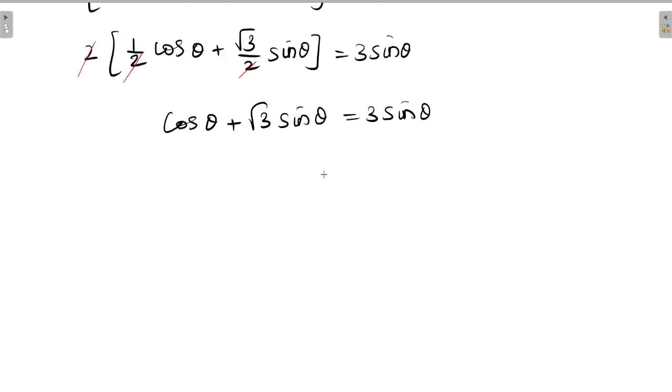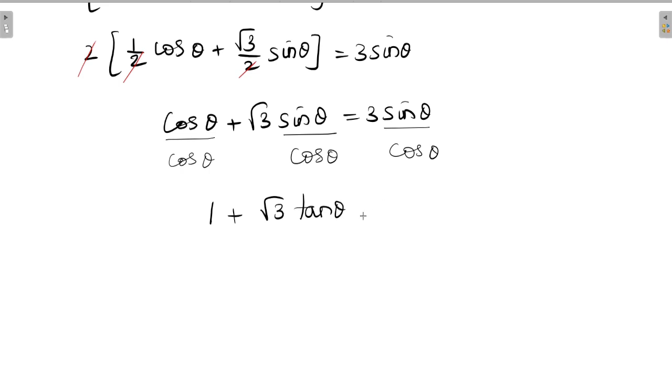We know that sin theta divided by cos theta is tan theta. Let's divide throughout the equation by cos theta. So this equation becomes 1 plus root 3 tan theta is equal to 3 tan theta.